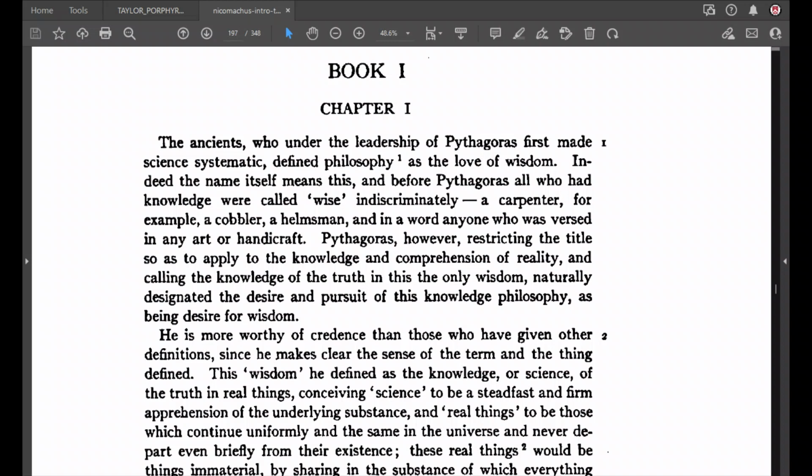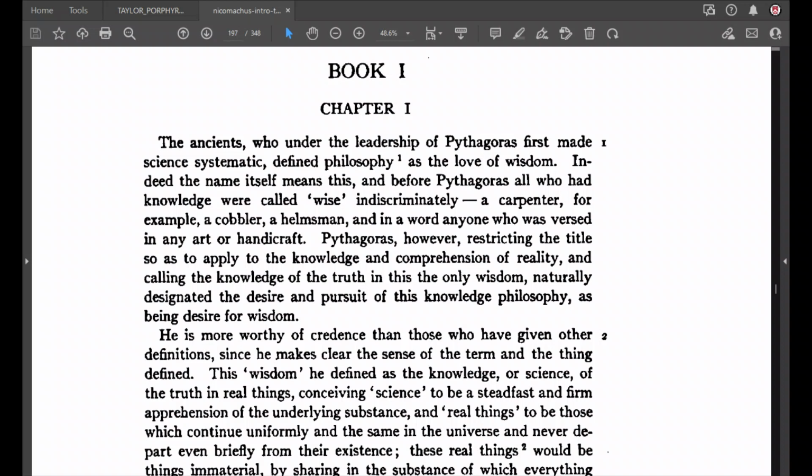Introduction to Arithmetic by a philosopher named Nicomachus, or in Latin, Nikomakos. In Greek, the accent is on that first O. Nikomakos. Okay? That's the name of the author.